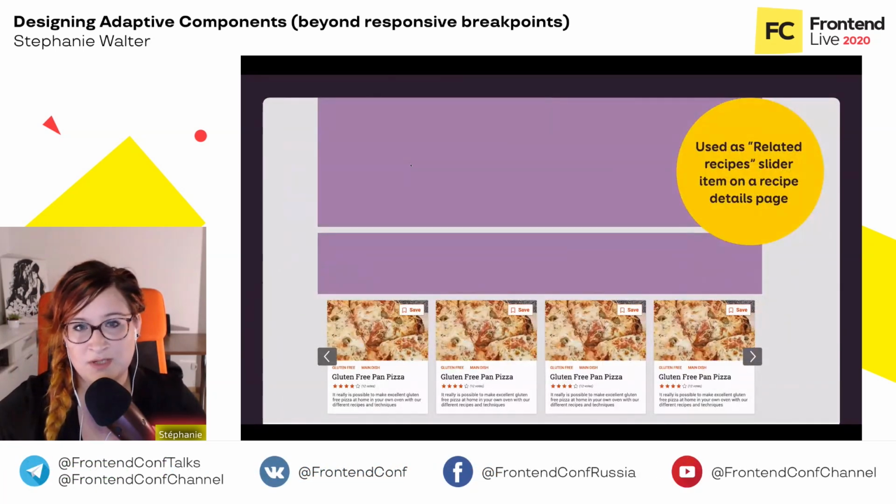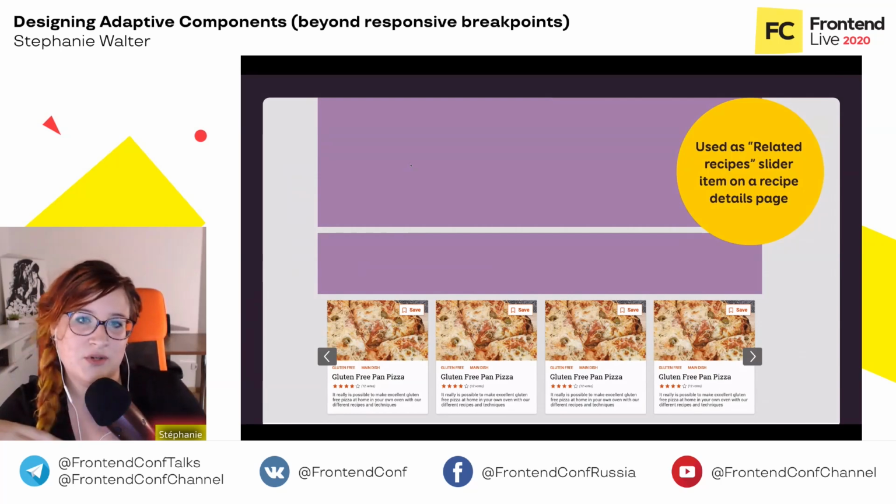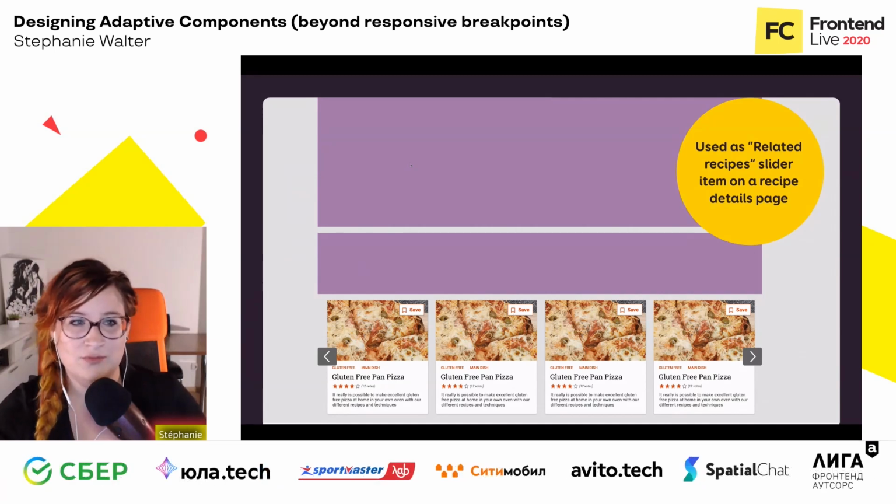It could also be used, again, on super big screens, directly in the recipe page as a slider of related recipes. Again, you want to keep your user on your website most of the time. So if they don't like the recipe, it's usually a good idea to provide them extra content like, oh, you might like this recipe instead of this and this and this.